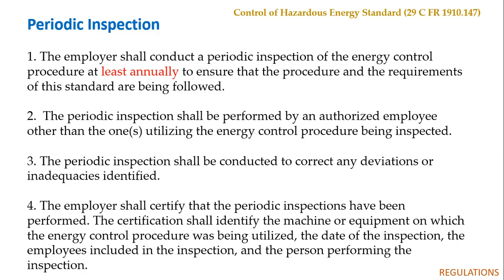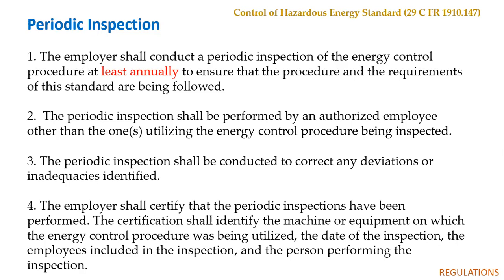The periodic inspection shall be performed by an authorized employee other than the one utilizing the energy control procedure being inspected. Means the person who is himself utilizing or following the procedure should not conduct the periodic inspection, but an authorized employee other than the one shall be conducting the inspection.